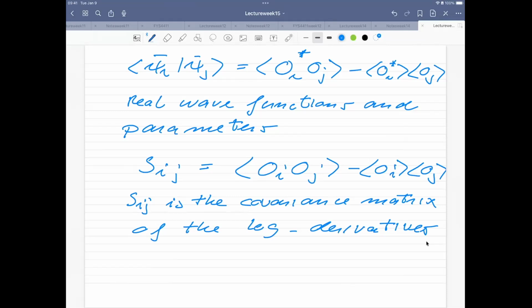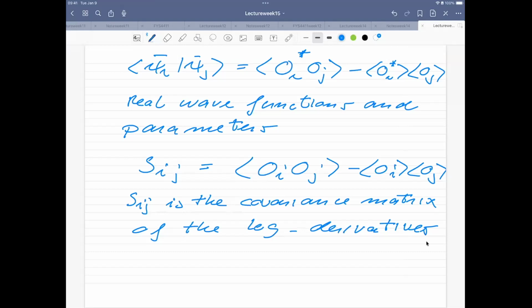That's one thing. This S is actually a metric tensor on the manifold of the variational parameters which we have. So it's going to define a tensor which we can use. Since it measures how parameter changes alter the normalized state, you can also show that it is positive semi-definite.